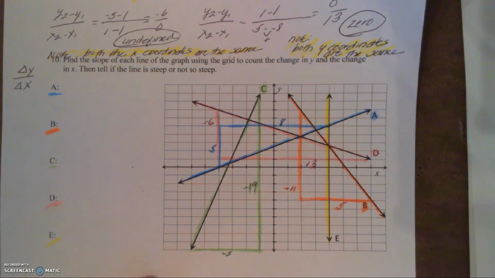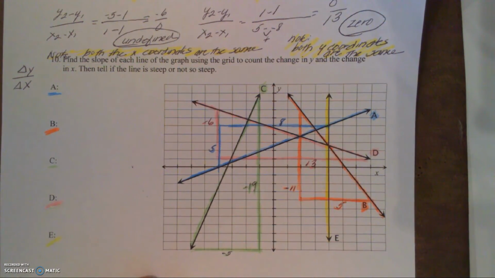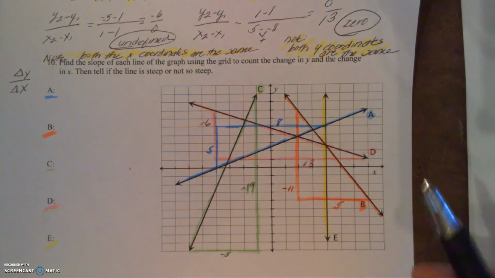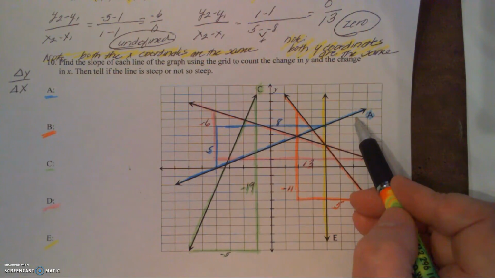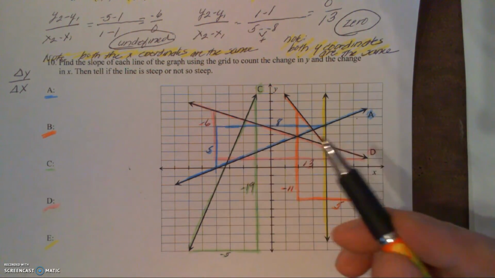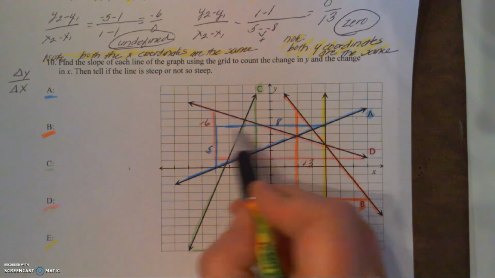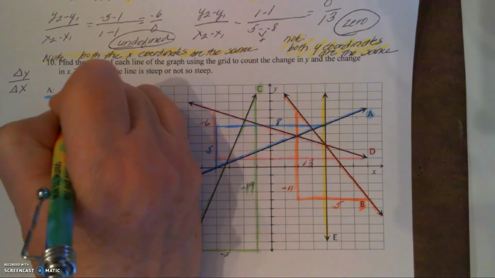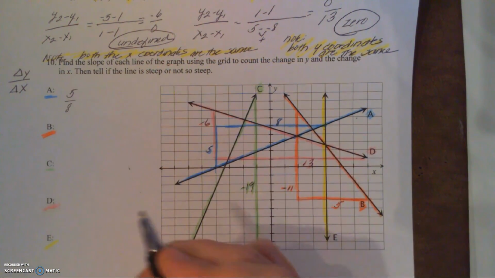And I'm going to let you take a few minutes to really look this over. But if you look at A, which is blue, it goes up 5 and over 8. So the slope is 5 over 8.